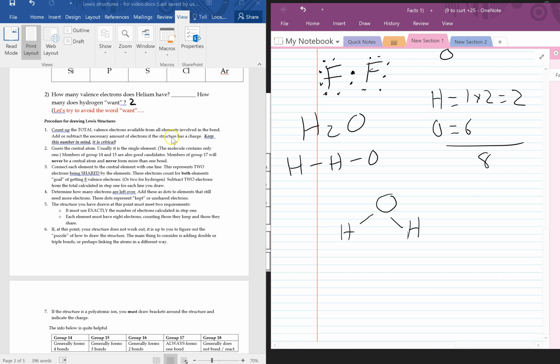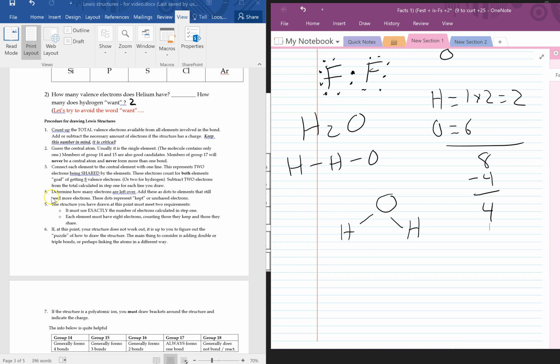So we've done step 1, we've done step 2, we kind of did step 3 there. So I've drawn 2 lines. That means 2 bonds. That means I've used up, out of my total of 8, I have 4 remaining. So now I've got to put those 4 electrons as dots on the elements that still need more electrons for stability.